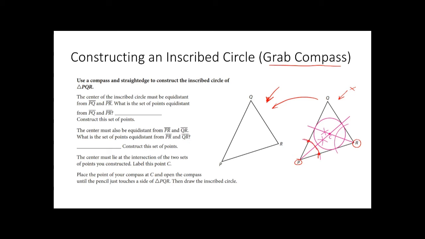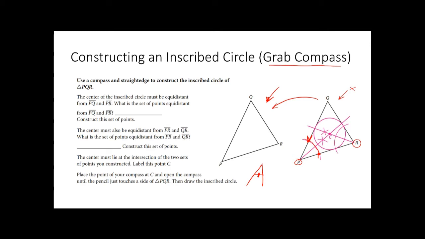What I want you to do after you get that is put the pointy part of your compass right here, using the same radius on your compass. So do not adjust that little middle part right here. Don't adjust that after you use it. Okay, keep it the same.